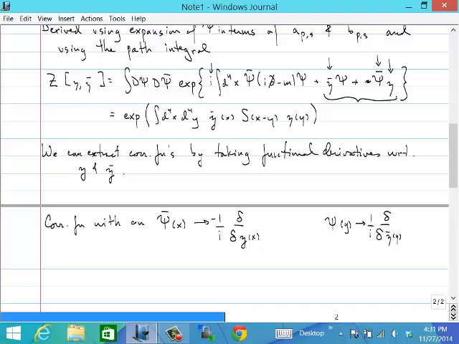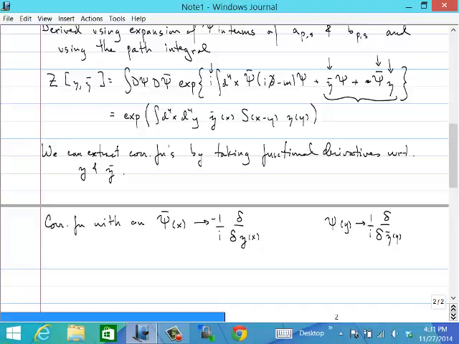So the Lagrangian just describes a massive scalar field. I'll call its mass capital M, interacting with the Dirac fermion.